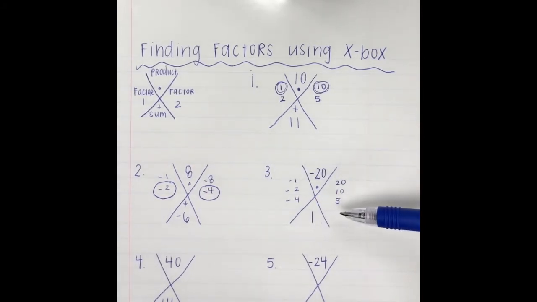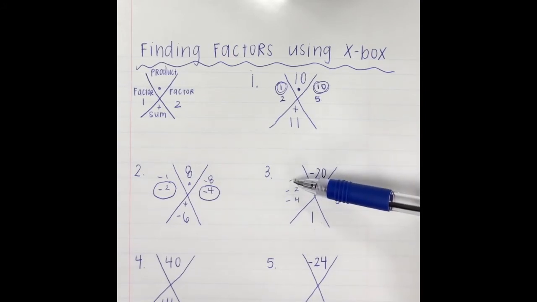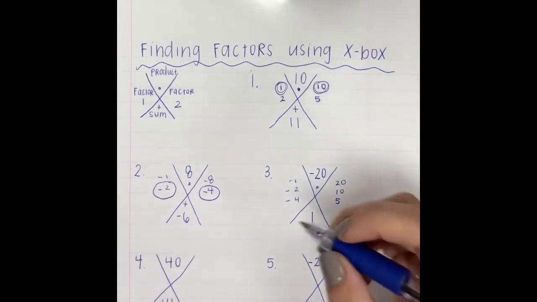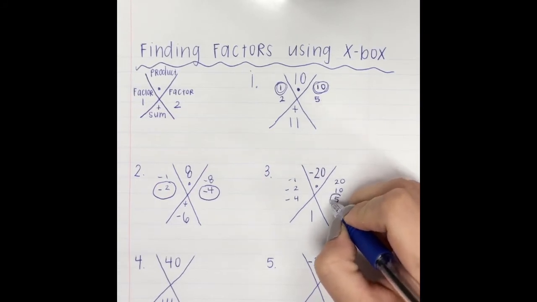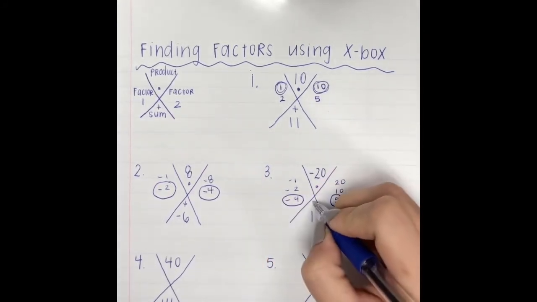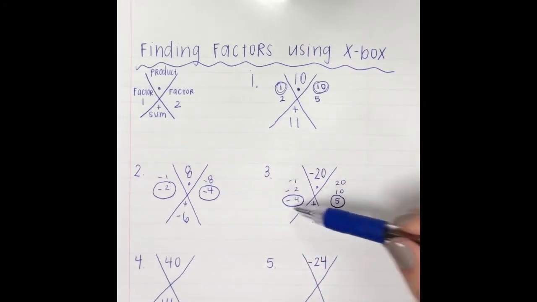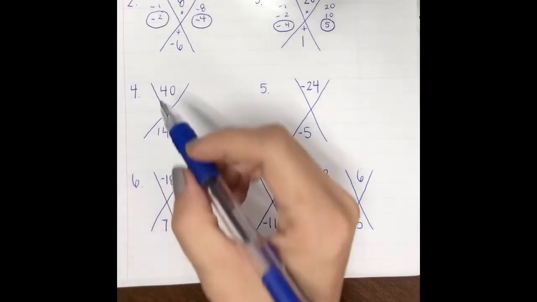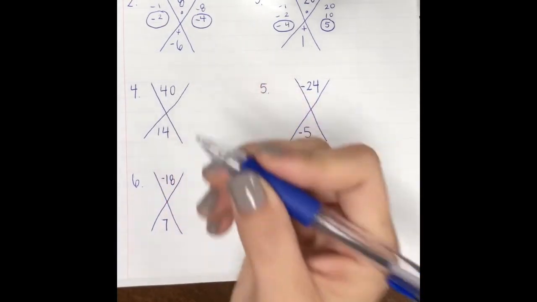So what that means is 20 minus 1, or 20 plus a negative 1, same thing as 19. 10 minus 2 is 8. 5 minus 4 is 1. So a positive 5 and a negative 4 would add up to give me 1 and would multiply to be a negative 20.